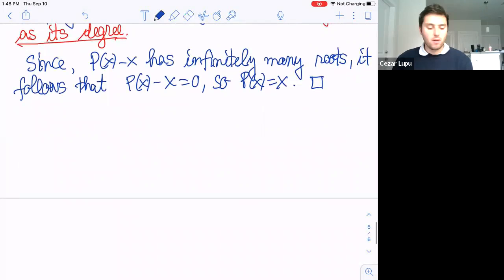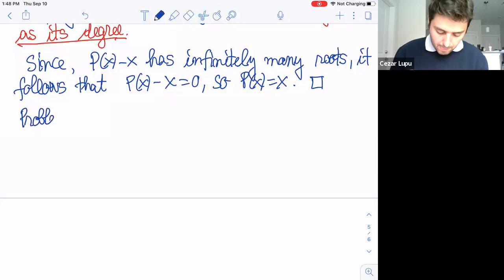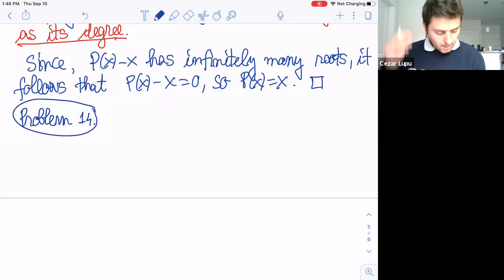All right, since I'm in a big hurry and I want to do another problem, that was problem 14. Let me do this quickly. Problem 14, if I look here, says the following.